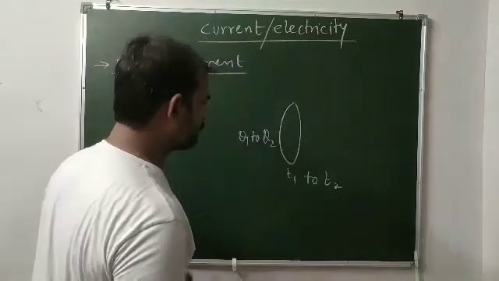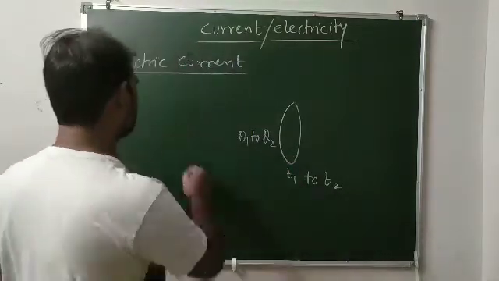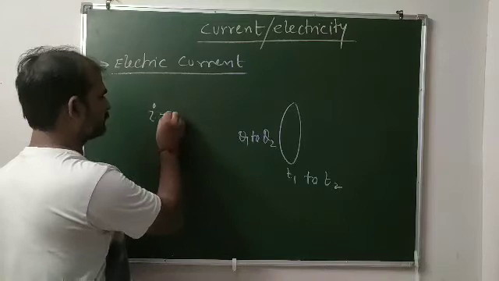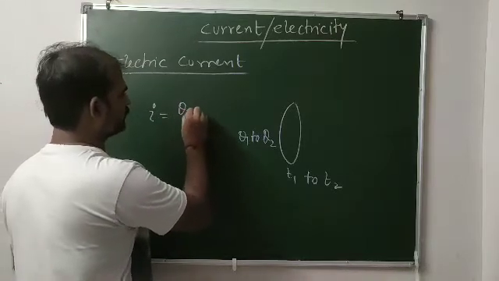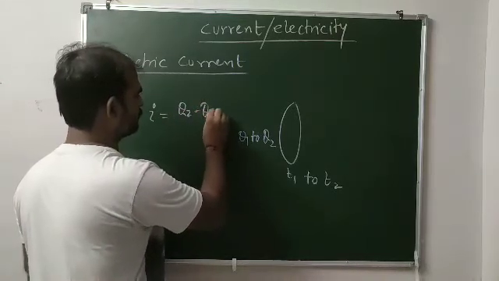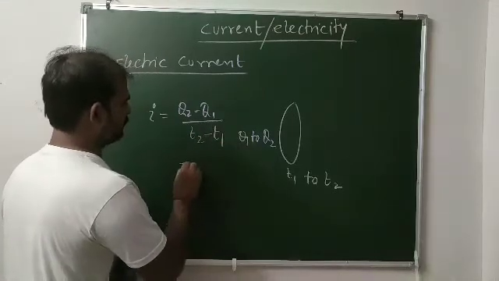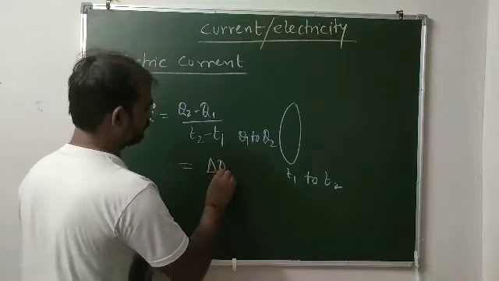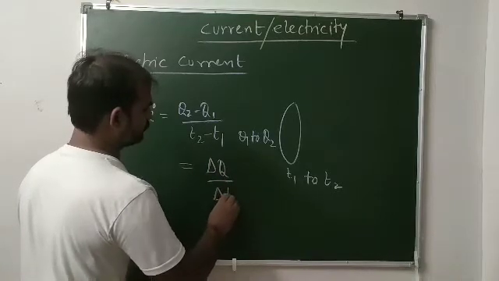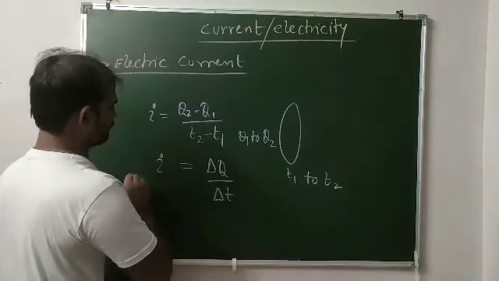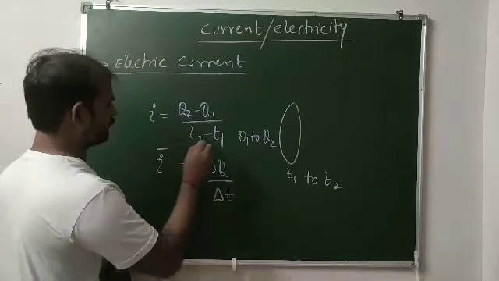So the current passing through this section of wire will be I, that is Q2 minus Q1 upon T2 minus T1, that is delta Q upon delta T. Actually this current will be the average current.